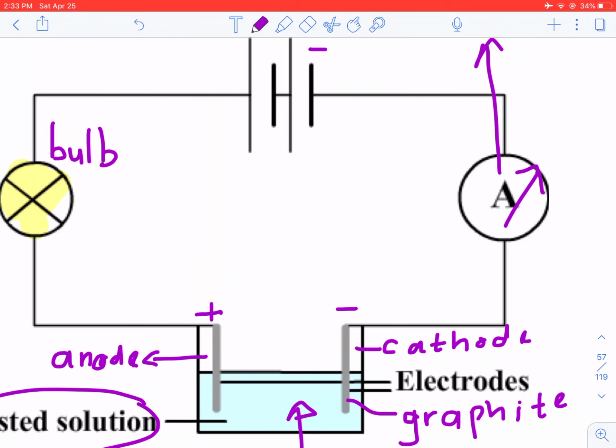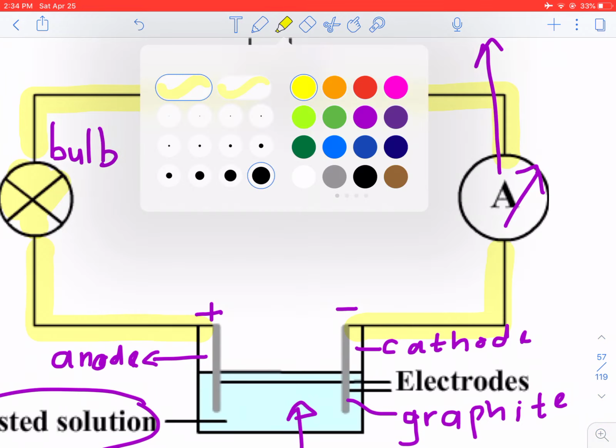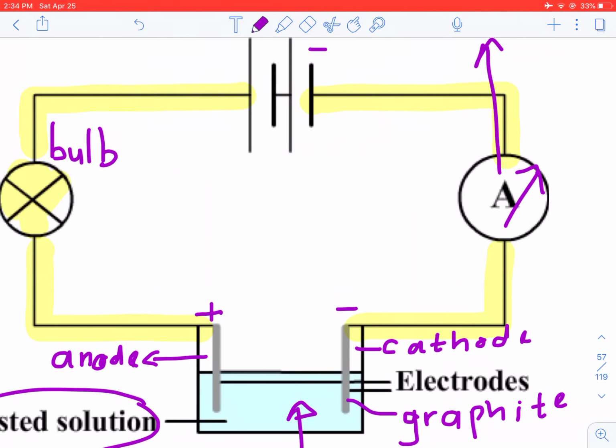Firstly, in the external circuit, so let's say this is the external circuit, we find that electrons are moving.